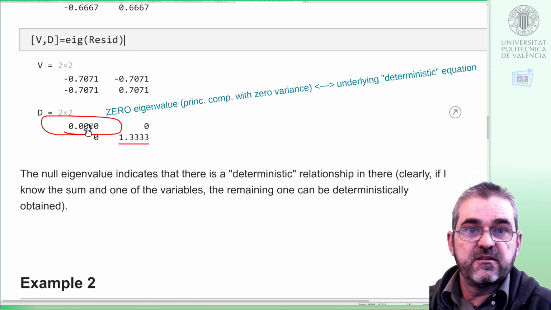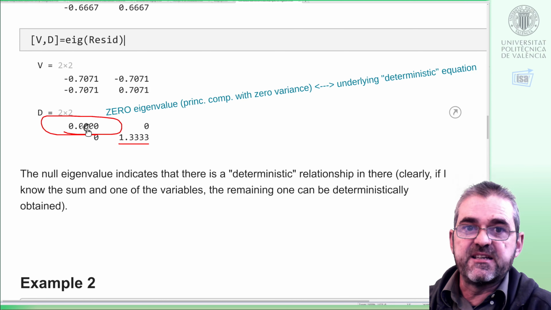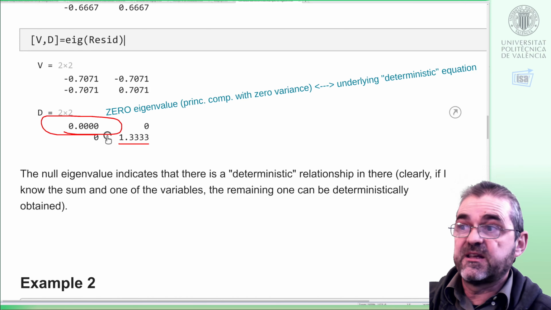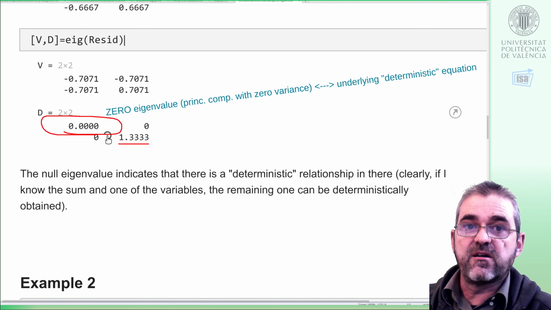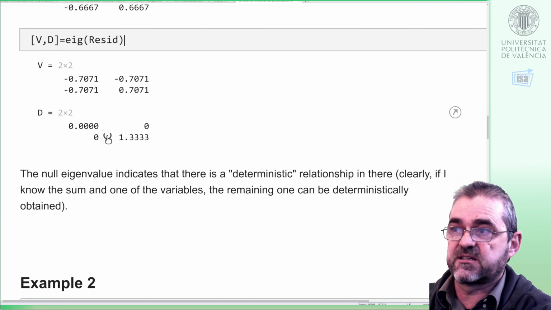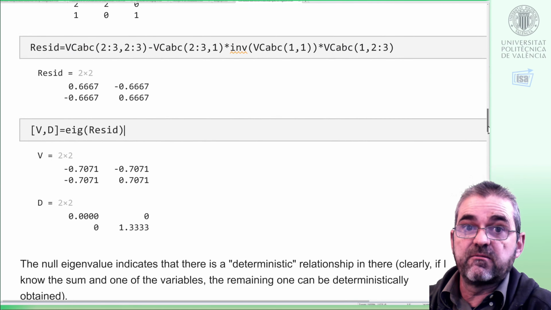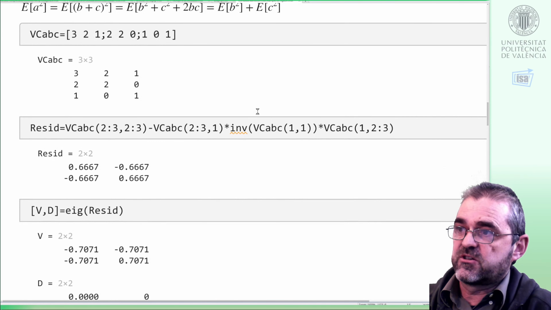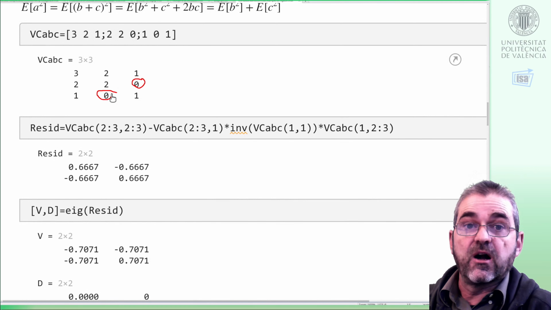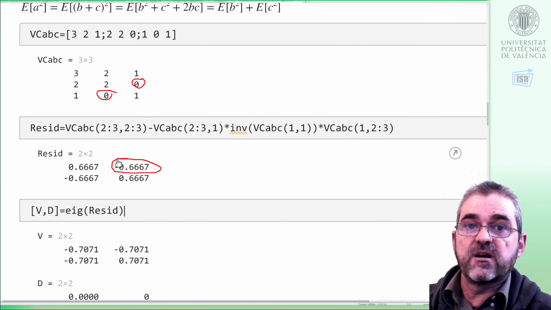I mean, if the sum is 5 and B is 4, then C is 1, whatever the mechanism to throw B and C is. So this 0 means that once I know A, there is a deterministic component in the relationship between B and C, which, as I say, is just common sense. But this is a way to understand what these residual correlations mean. So we have two values that are uncorrelated, but conditionally correlated once I know their sum.